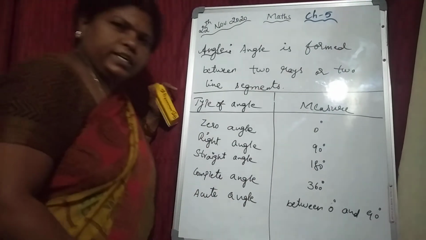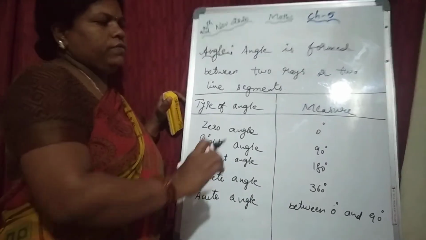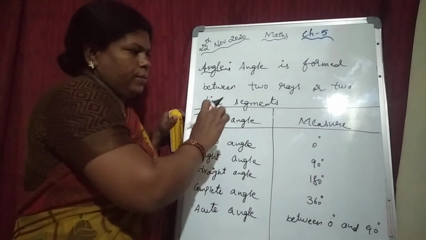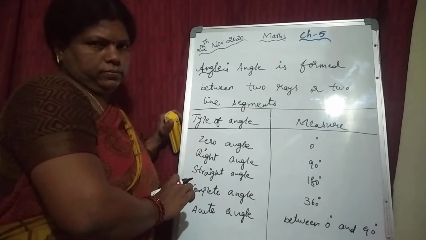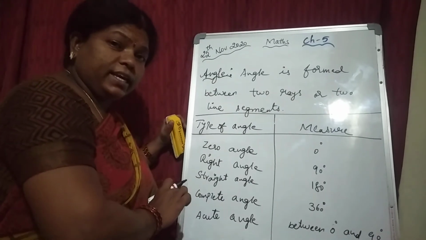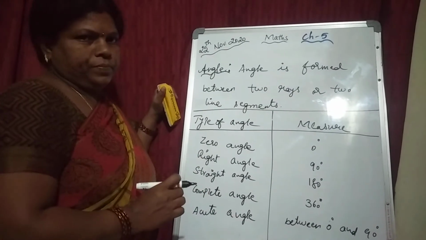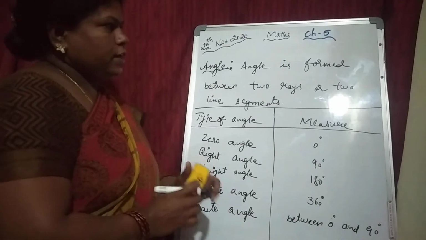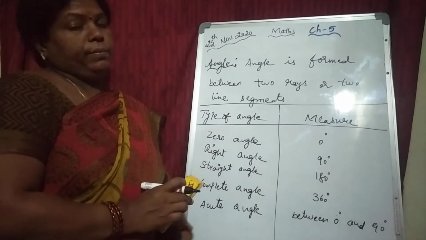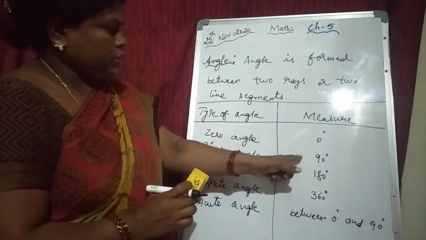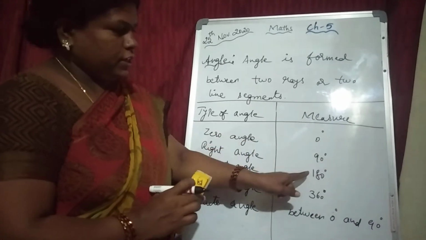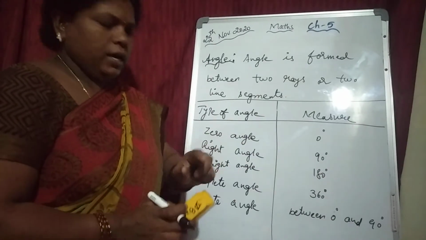What is degree? That is the unit we use to measure the angle. The unit used to measure money is the rupee. The unit used to measure length is centimeters, meters. The unit used to measure the angle is degrees.